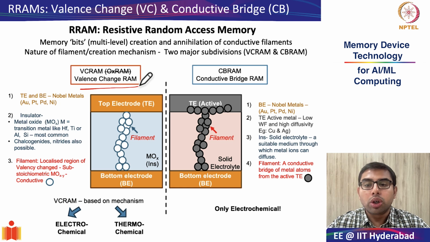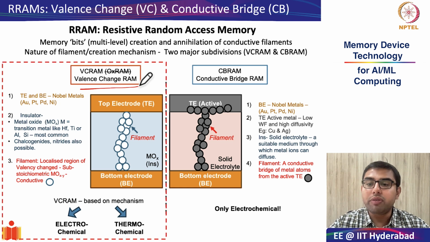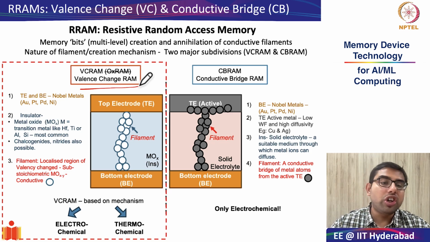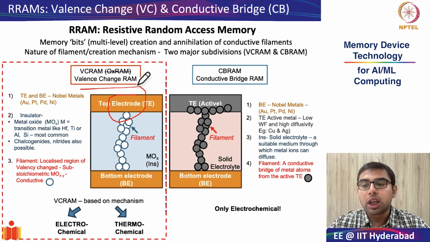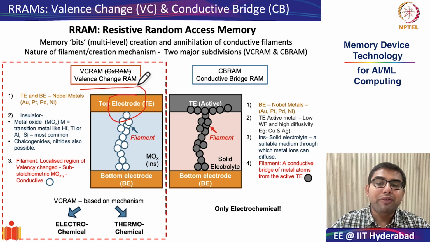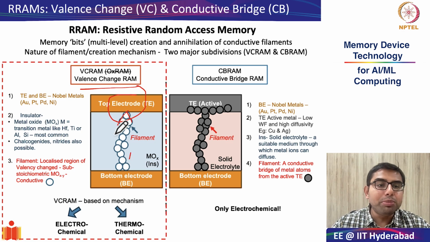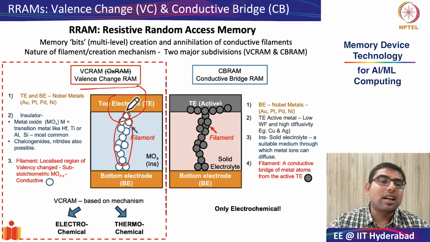So let us today begin with the valence change RAM, or the VCRAM. Remember, here the top and bottom electrodes are made of noble materials, high work function metals like gold, platinum, palladium, and the functional filament was formed because there was a valency change in the metal oxide, and this localized substoichiometric oxide is what creates the conductive filament.